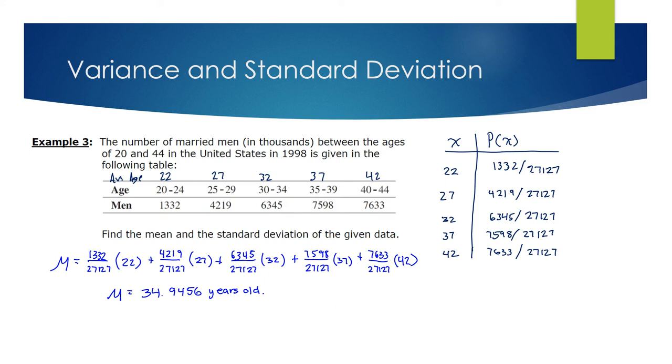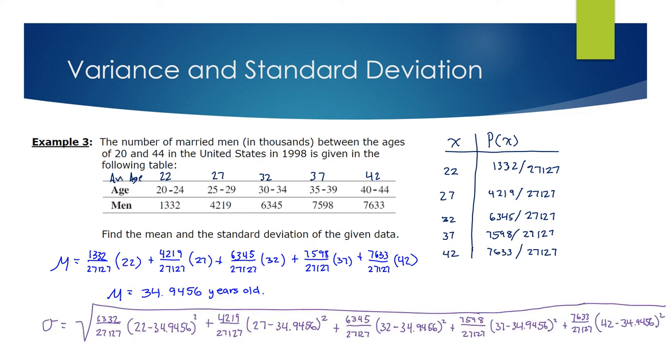Now, as far as the standard deviation goes, I'm going to take these same probabilities and these same values, but I'm going to subtract this mean from them and square it, and then of course I'm going to square root that sum. So I'm showing how to use the formula, and when I figure that out, the standard deviation is about 5.938 years.